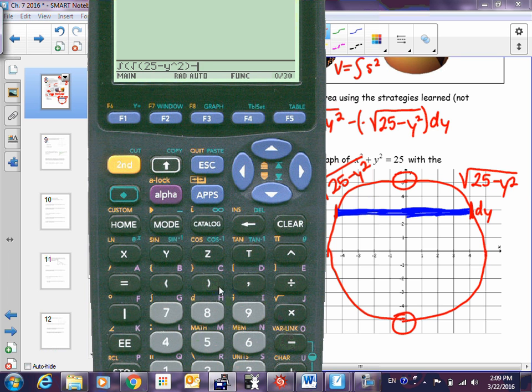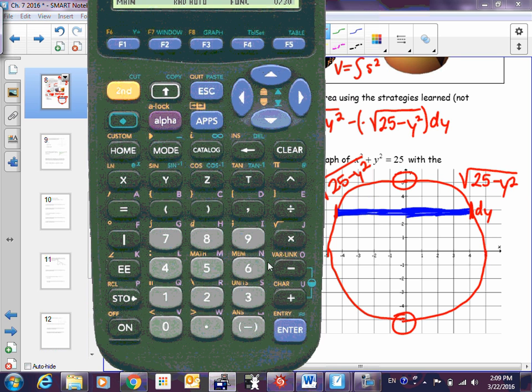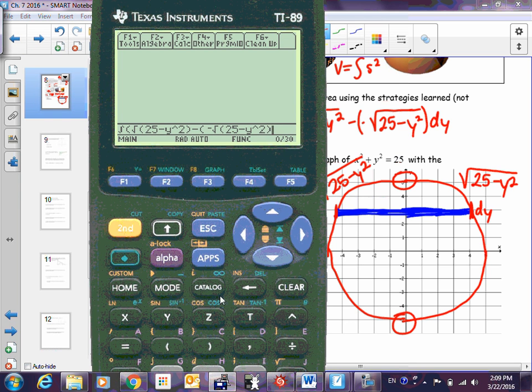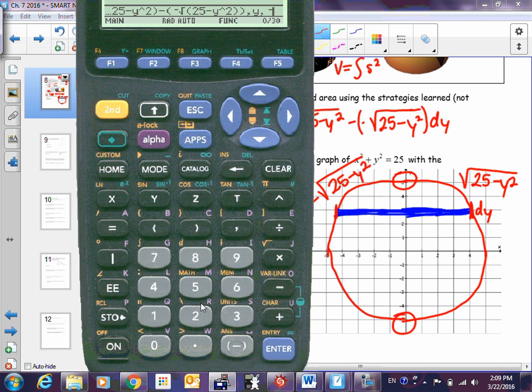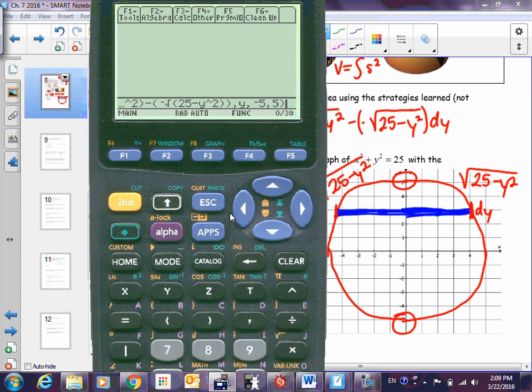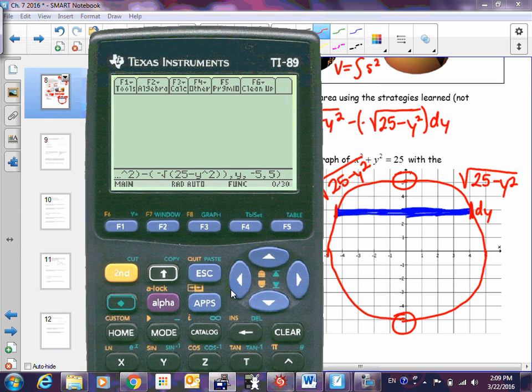Be really careful with parentheses. Make sure you're keeping track of when you open parentheses and where they're supposed to be closed.